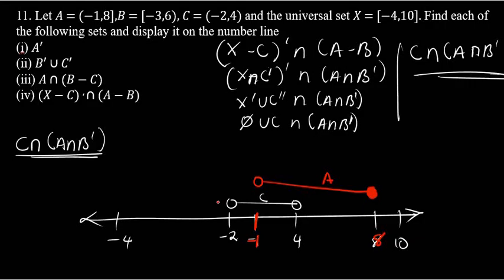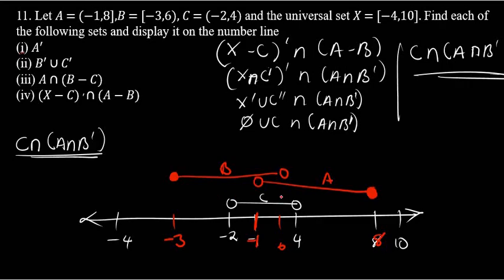Now B complement. Let's draw B first. B will be here, 3 to 6, right? On B, 6 is not included, but 3 is included, like that.